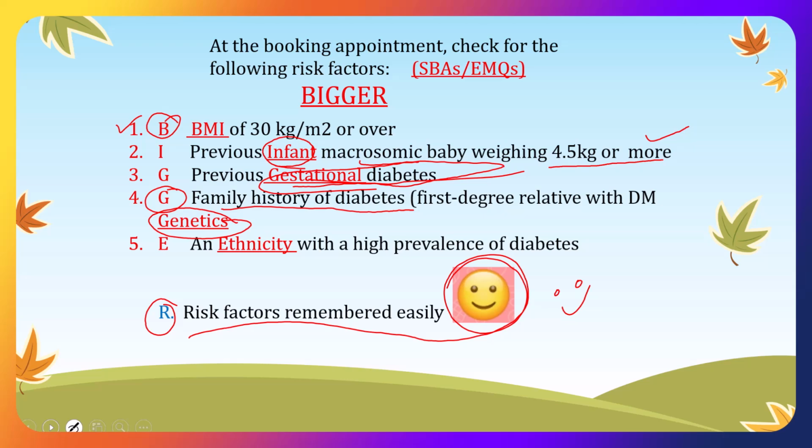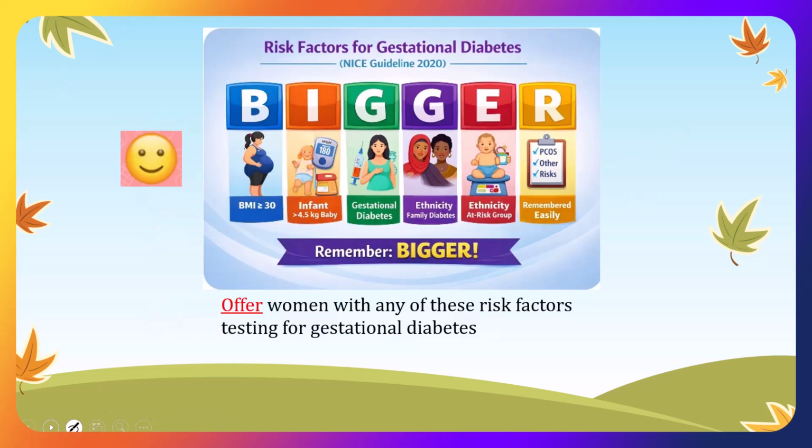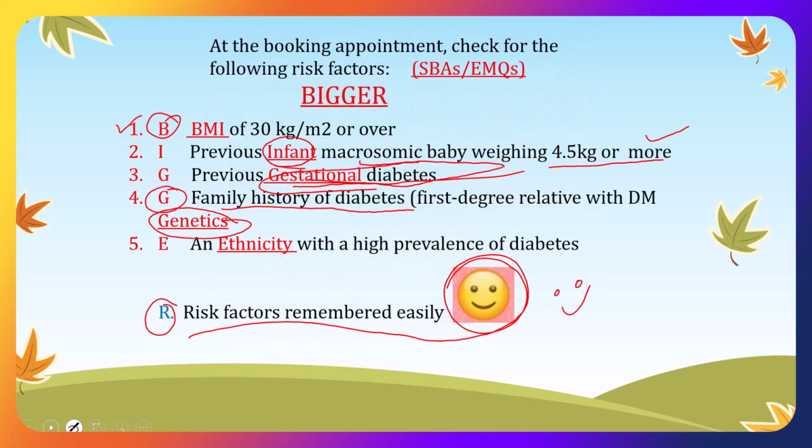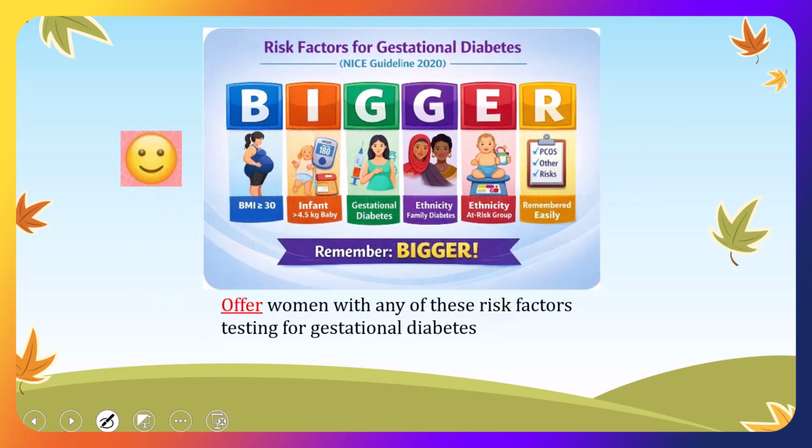Now we are moving toward another slide. As you can see here, this is a very beautiful colorful diagram which is showing you the risk factors for gestational diabetes mellitus. B stands for BMI more than or equal to 30. I stands for infant weighing more than 4.5 kg. G stands for previous history of gestational diabetes.